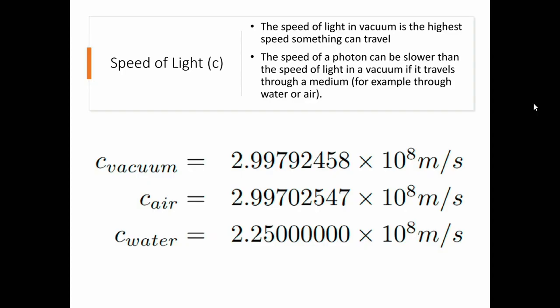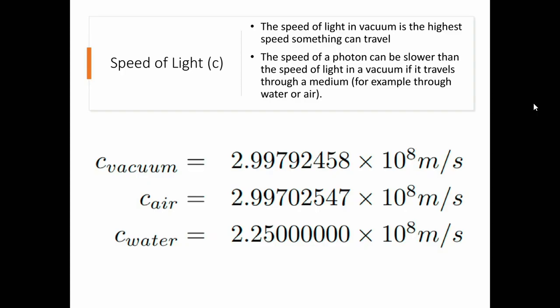When it's traveling through space, the speed of light will be the speed in the vacuum, and then when it hits the Earth's atmosphere, now the light is going to slow down a little bit, and now it's going to be 2.9970 instead of 2.9979 times 10 to the 8 meters per second. So the speed of light changes depending on what medium it's traveling through.